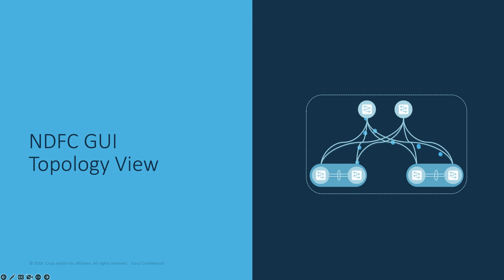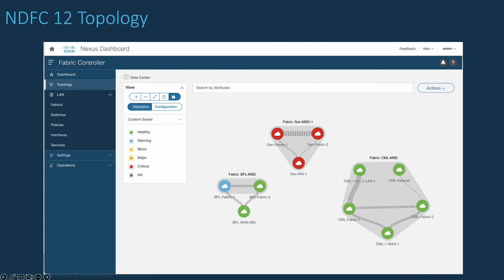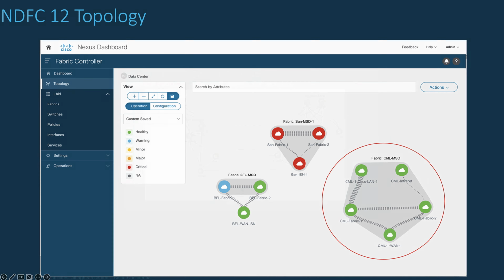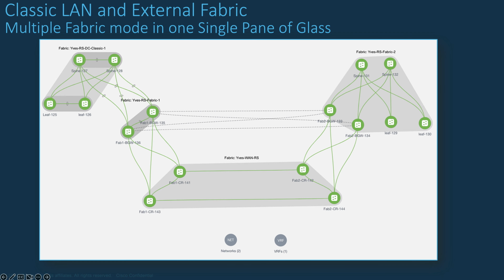Now let's have a quick overview of the NDFC user interface. From the default topology, you can view all the data centers from a single pane of glass, and from here you can select the fabric of interest, either a single fabric or a multi-site domain. You can explore the fabrics that belong to the multi-site domain.